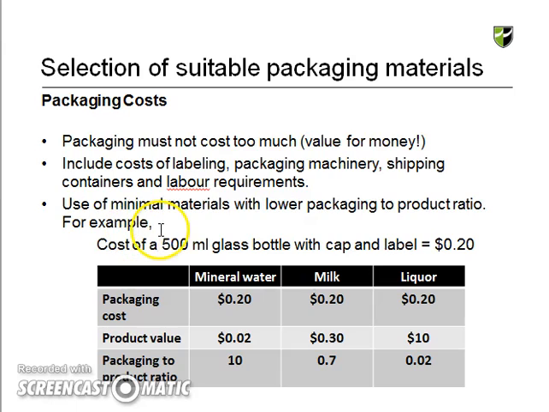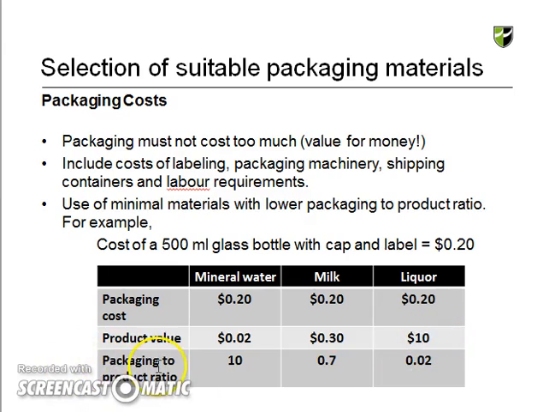An example would be if we have a cost of a 500 ml glass bottle with cap and label, which is 20 cents. If you look at different items, for example mineral water, milk, and liquor, you will find that all of them use the same packaging material costing 20 cents. However, the product value of mineral water is the least compared to liquor. For mineral water it is only 2 cents, while for milk it is 30 cents, and for liquor it is $10.